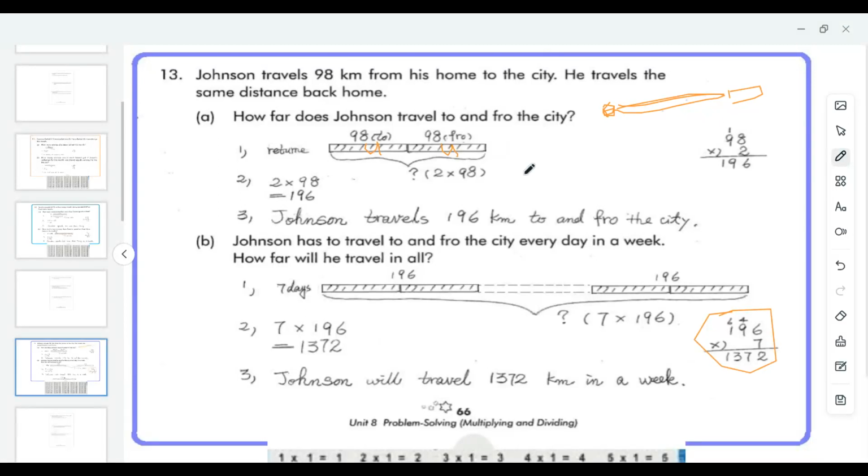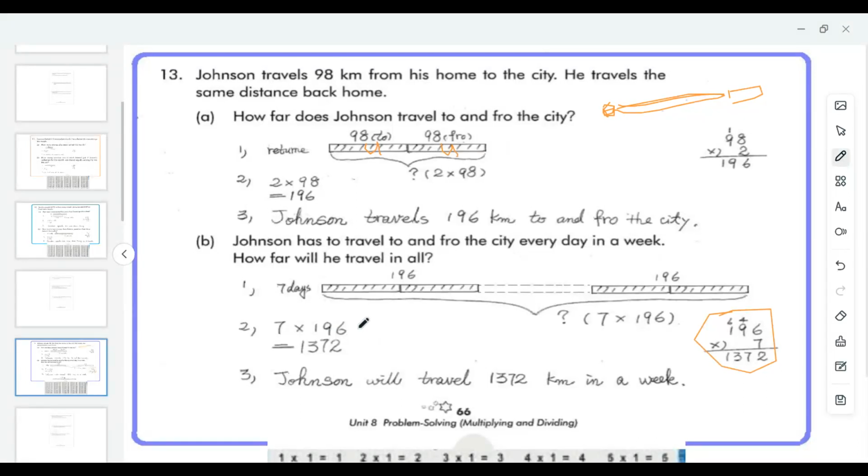He travels, go and back, just twice of 98. Then we try to find out in 7 days how many kilometers he travels. So we just 7 times a day, right? 7 days. So 7 times 196.